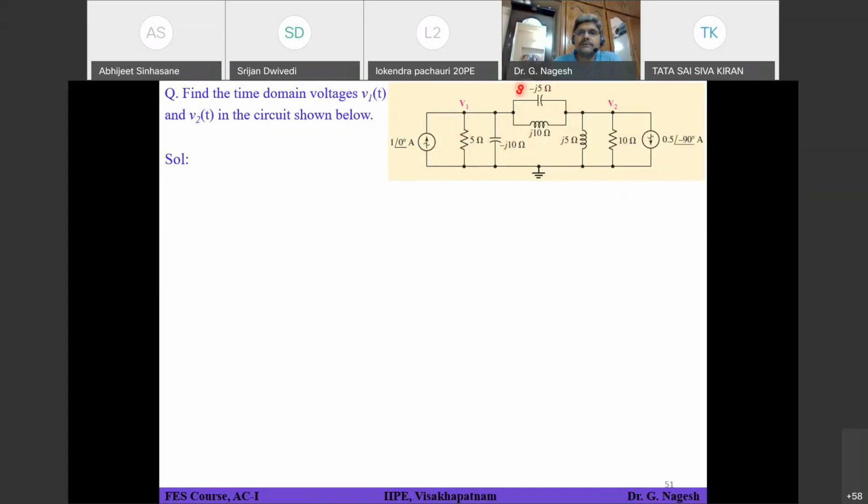At the same time, the minus J5 ohm capacitance and plus J10 ohm inductive reactance are in parallel, so reduce that too. Then find the expressions for V1 and V2 phasors. Always remember that a capital letter denotes a phasor; usually we write a capital letter with a bar over it to represent phasors. So find the equivalent impedance and then the expressions for V1 and V2.